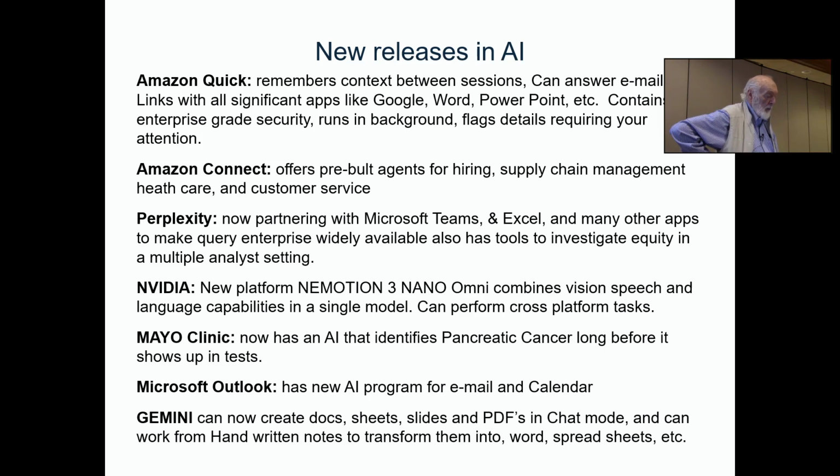Mayo Clinic, it's good for medical. Microsoft Outlook has a new AI program for email and calendar. Gemini can now create docs, sheets, slides and PDFs in chat mode and can work from handwritten notes and transform them into Word documents and spreadsheets.